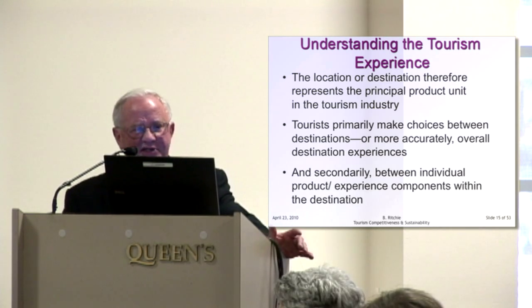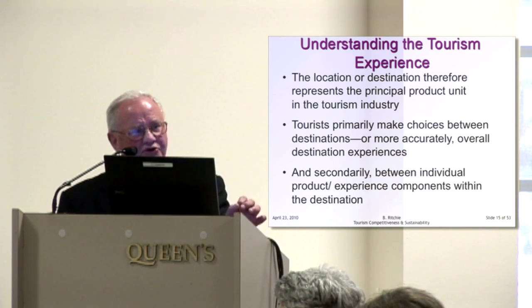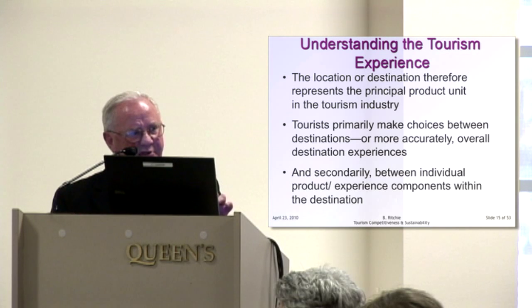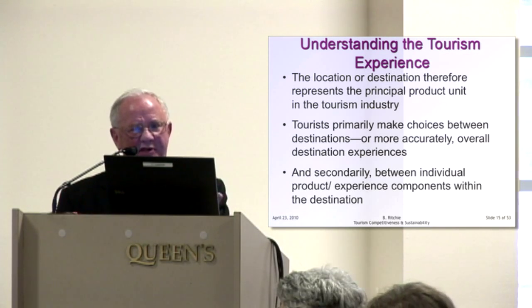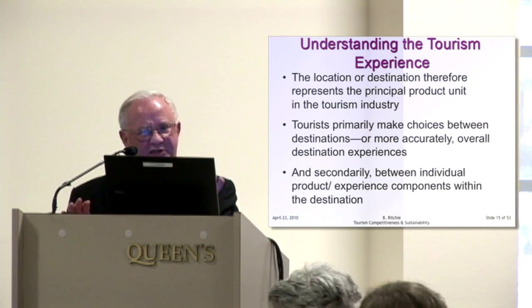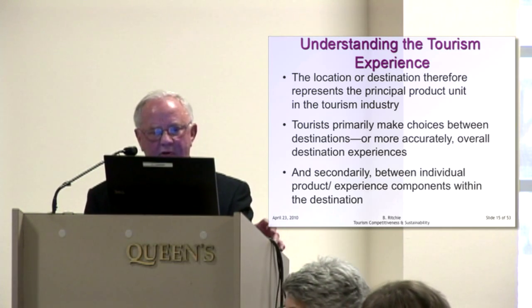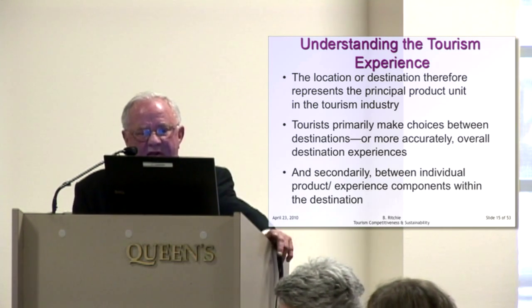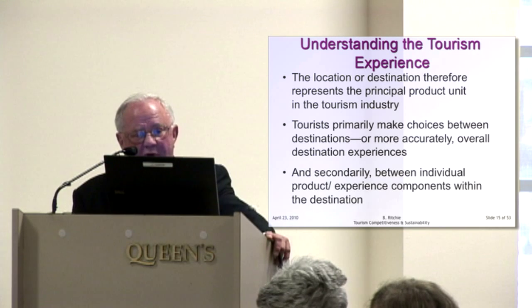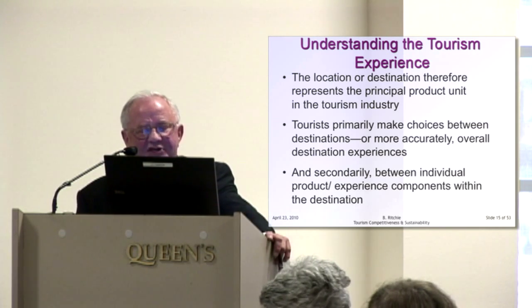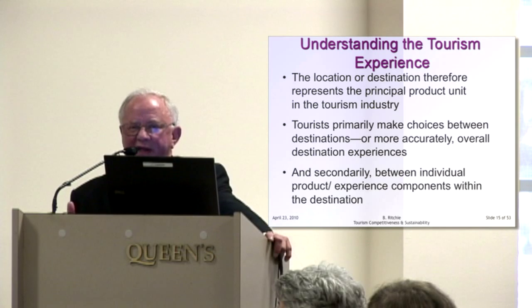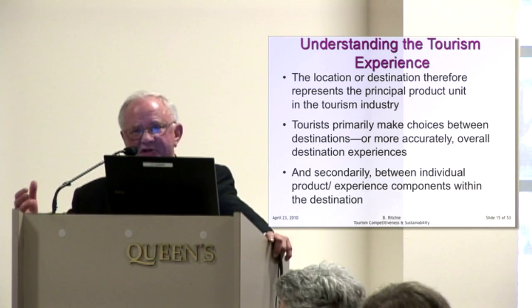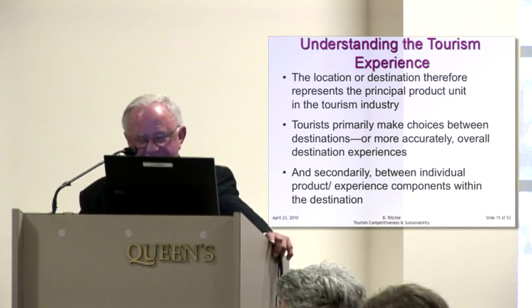They are not choosing a destination as such, they are choosing a destination experience. So keep that clearly in mind: not the product, it's the experience. Secondarily, they're choosing between individual product experience components within a destination. When they go to a destination, they can have overall experiences and many, many sub-experiences.